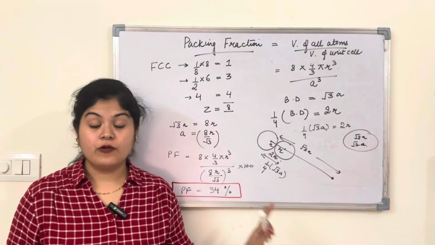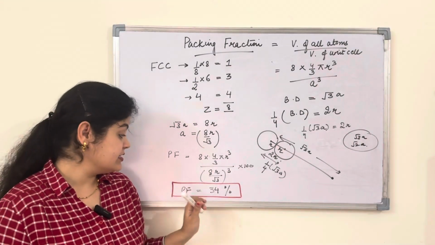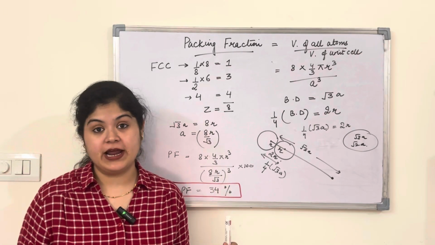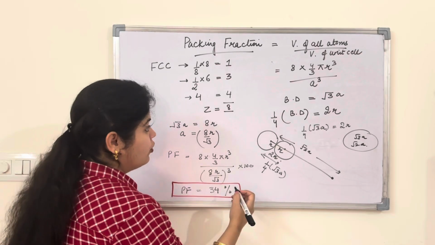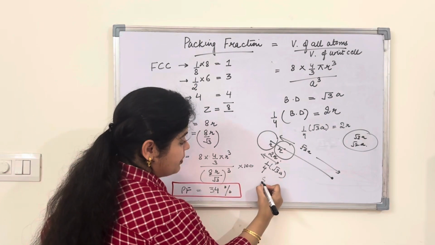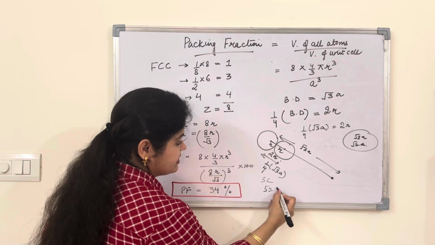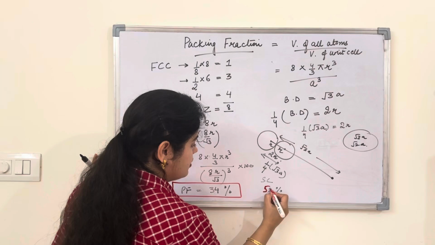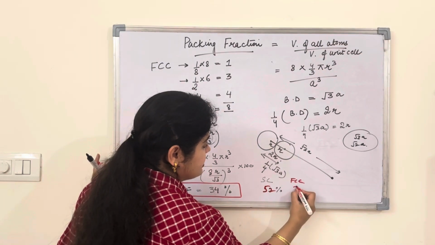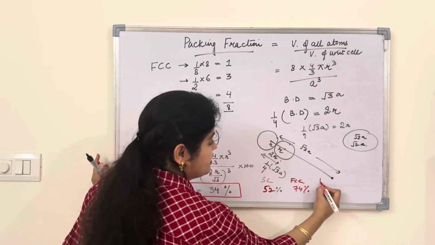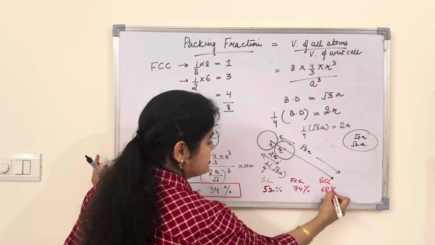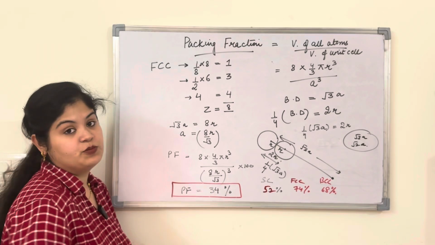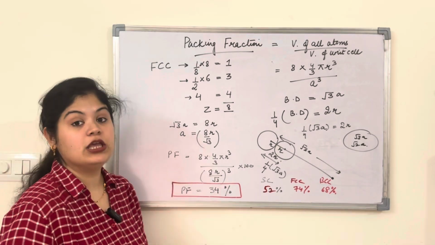One more thing which you should note here is this packing fraction of diamond structure is least among all the cubic lattices, because as you know simple cubic has 52% packing fraction, FCC has 74%, BCC has 68%, and diamond structure has 34%, which is least amongst the cubic lattices.